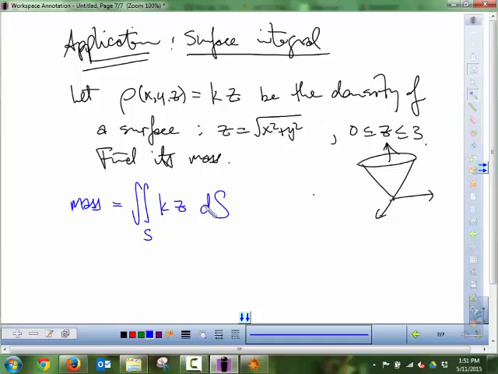And there's a couple ways we can do this depending on our parameterization. We can stick with the x's and y's. Sticking with the x's and y's is easy, but the drawback is that your domain is going to be a circle. Or we can go into cylindrical right away.